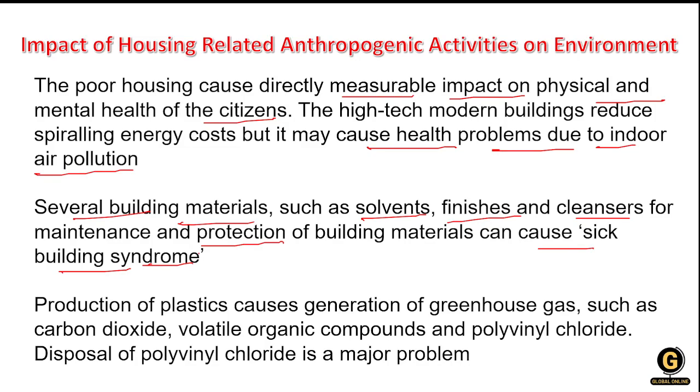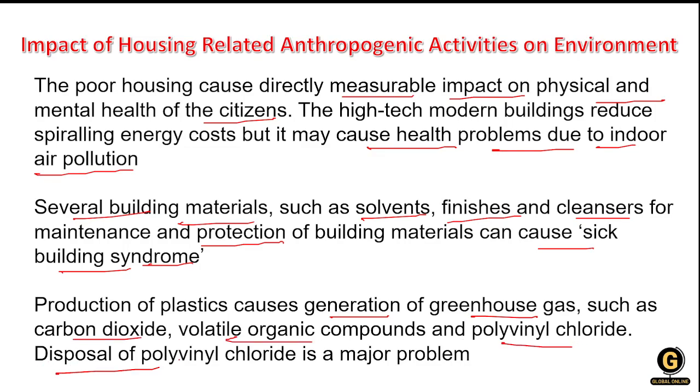Sick building syndrome. That means the building is impacting people. These kinds of materials used in the maintenance of buildings, used for making the building, are impacting humans. Production of plastic causes generation of greenhouse gases such as carbon dioxide, volatile organic compounds, and polyvinyl chloride.